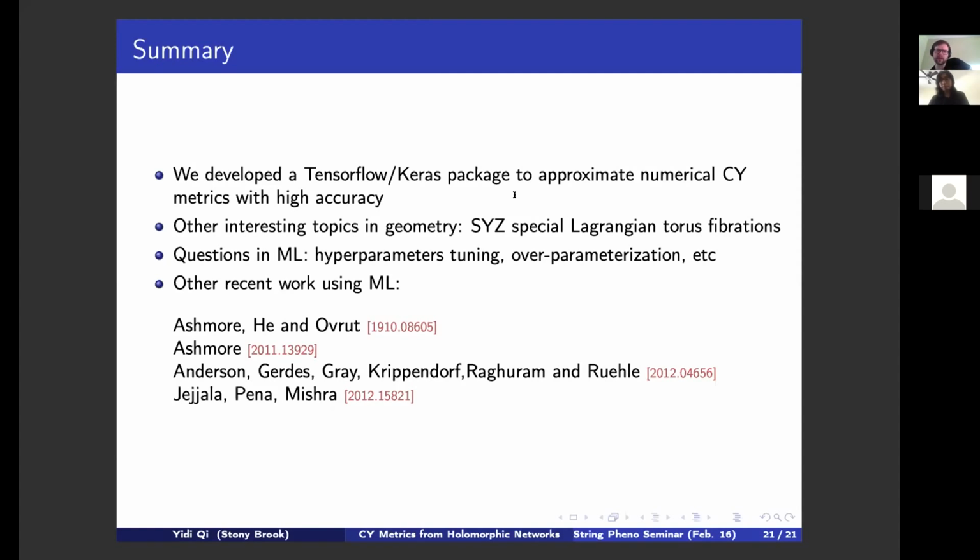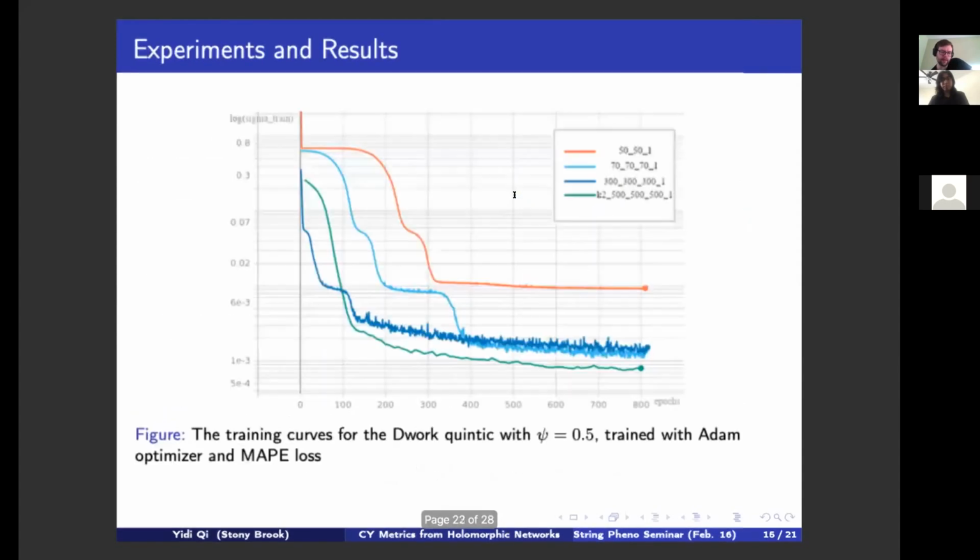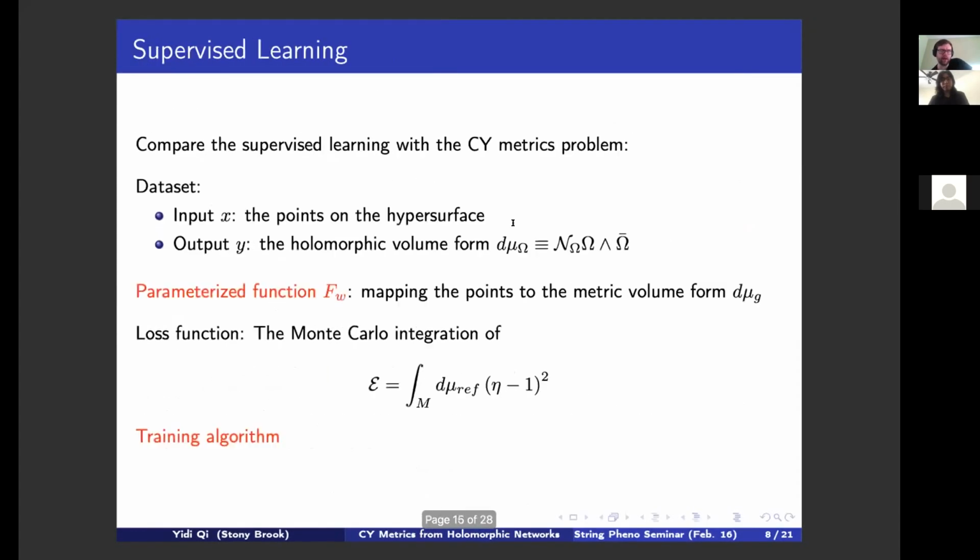I was wondering, this loss function that you had, how good is it at measuring zero Ricci curvature? Like if I minimize this and get the loss function to 10 to the minus 5, can I be sure that the Ricci curvature is no bigger than 10 to the minus 4 or something, or in some integrated sense?